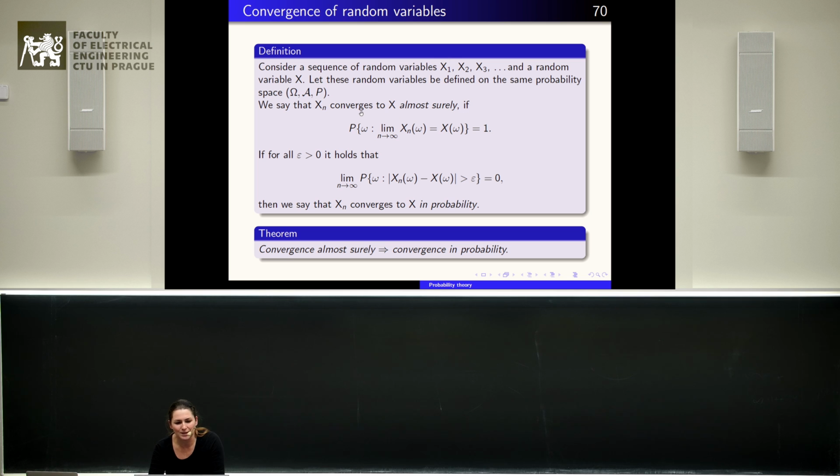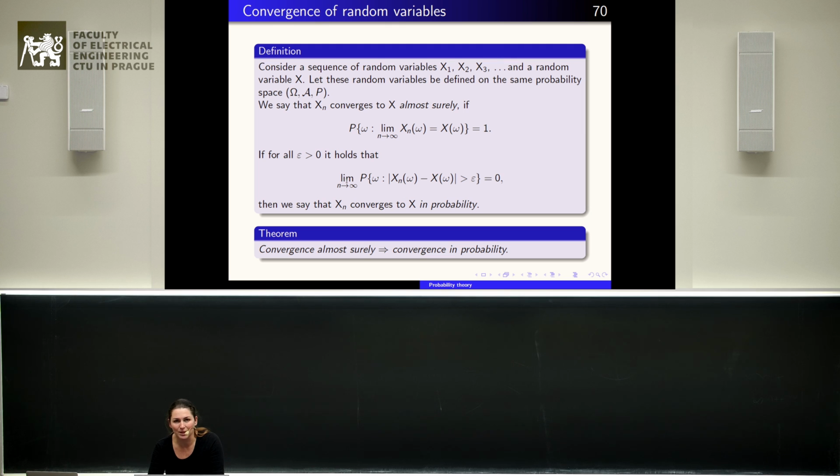So the first convergence is very similar to the convergence where we calculate the limit of the numbers themselves, and we only need the probability of such events, that the limit of the random variable is equal to a concrete value, to be equal to 1. And the second type of convergence in probability theory is the convergence in probability.